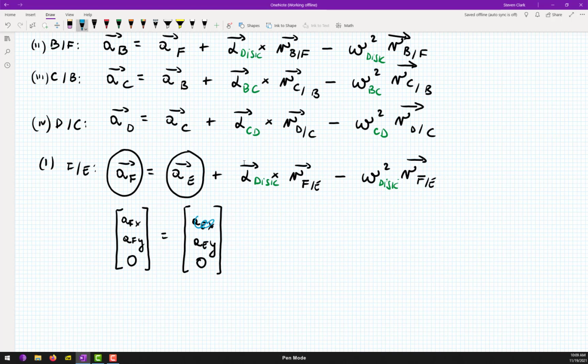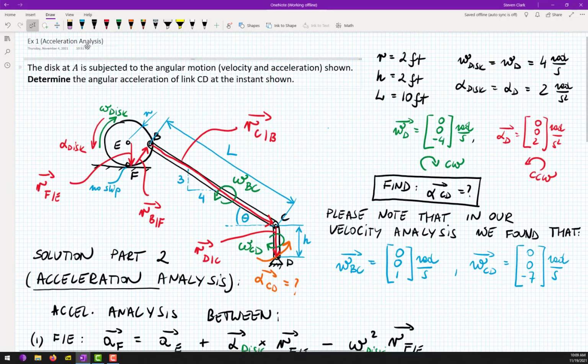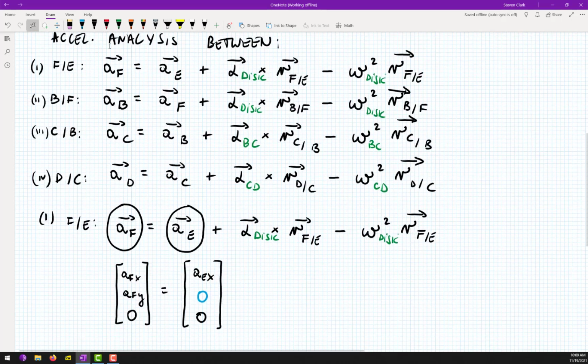Only this one is 0, because the trajectory of point E is here. Do you see? Our disk rolls on the ground, so point E cannot leave that ground. That means the Y component will be 0. Do you see that? Okay.